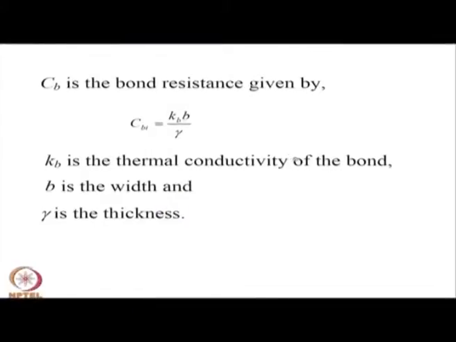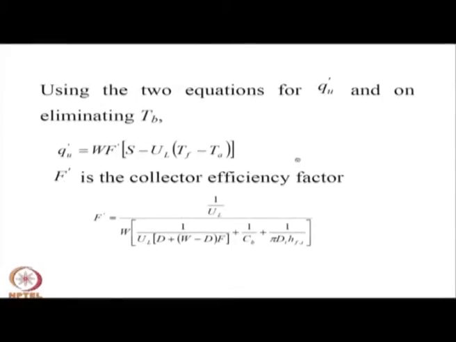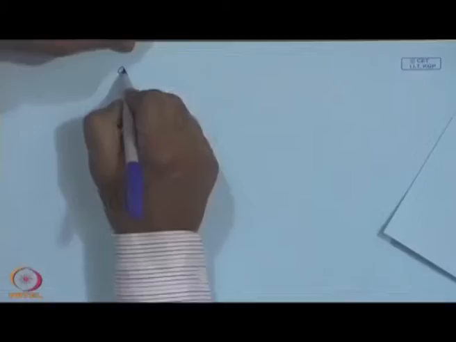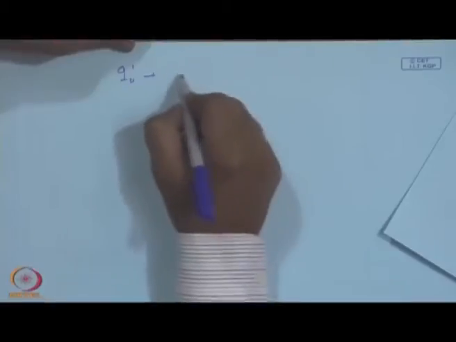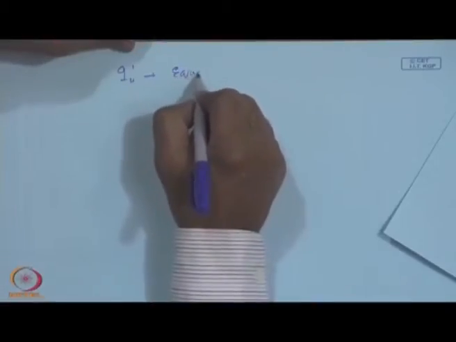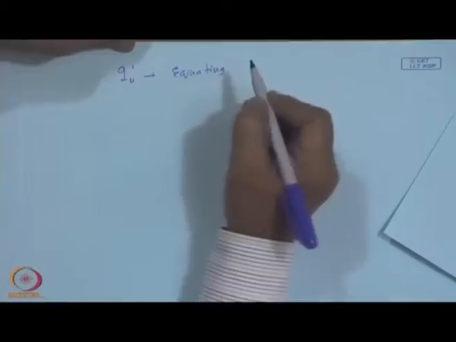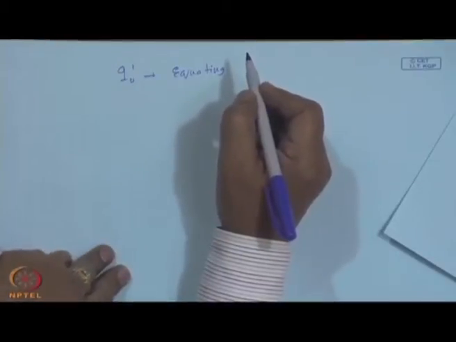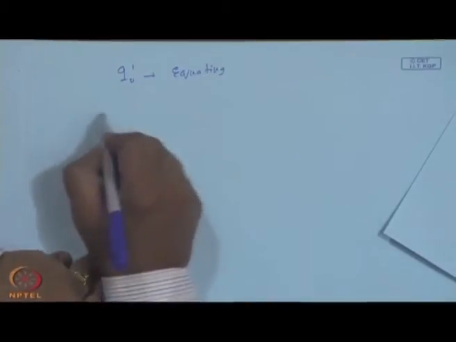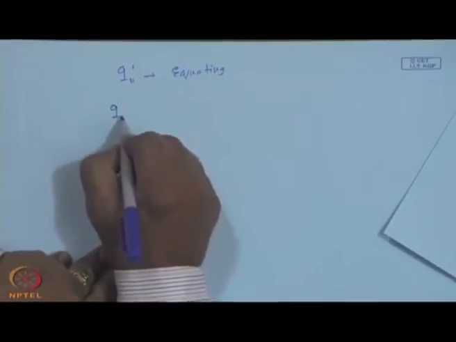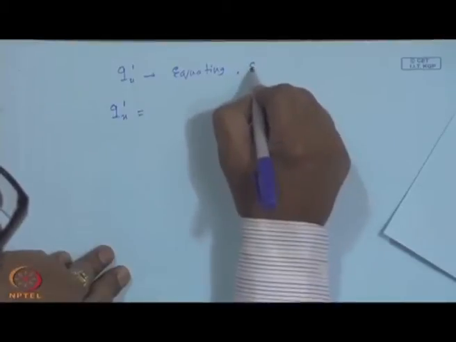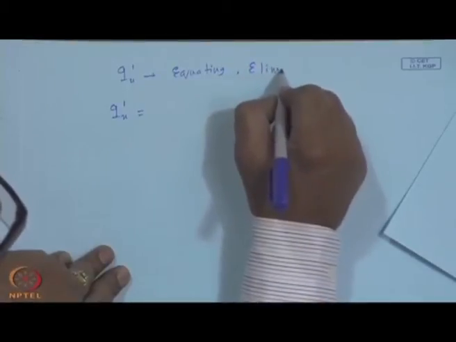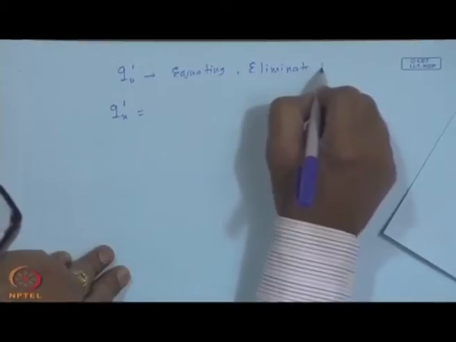So, we equivalently evaluate the bond resistance by this method. If we equate Q u dashed, what is transferred to the fluid and what is coming from the plate plus the tube region, and eliminate T b.